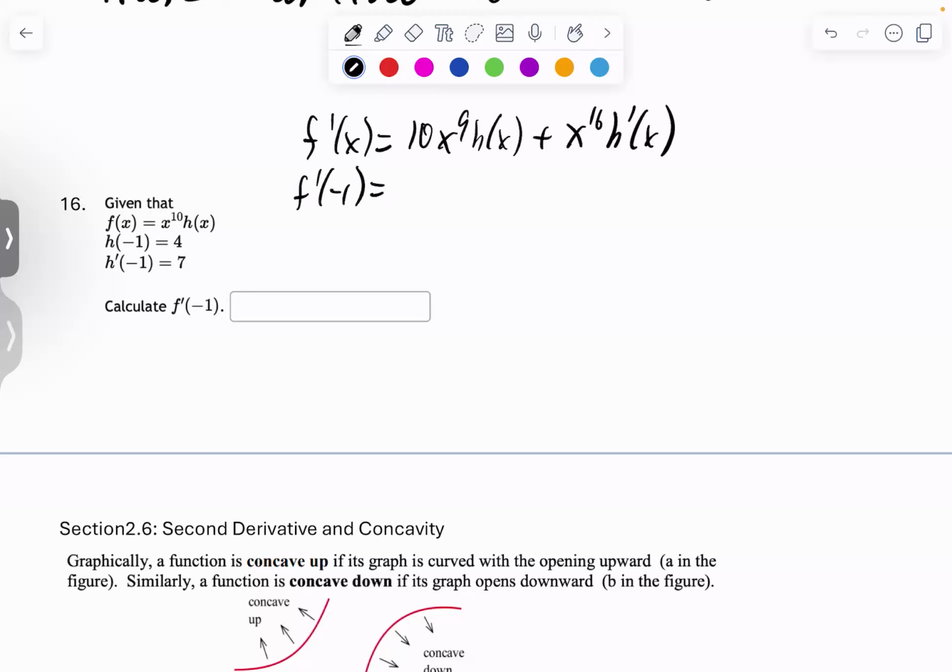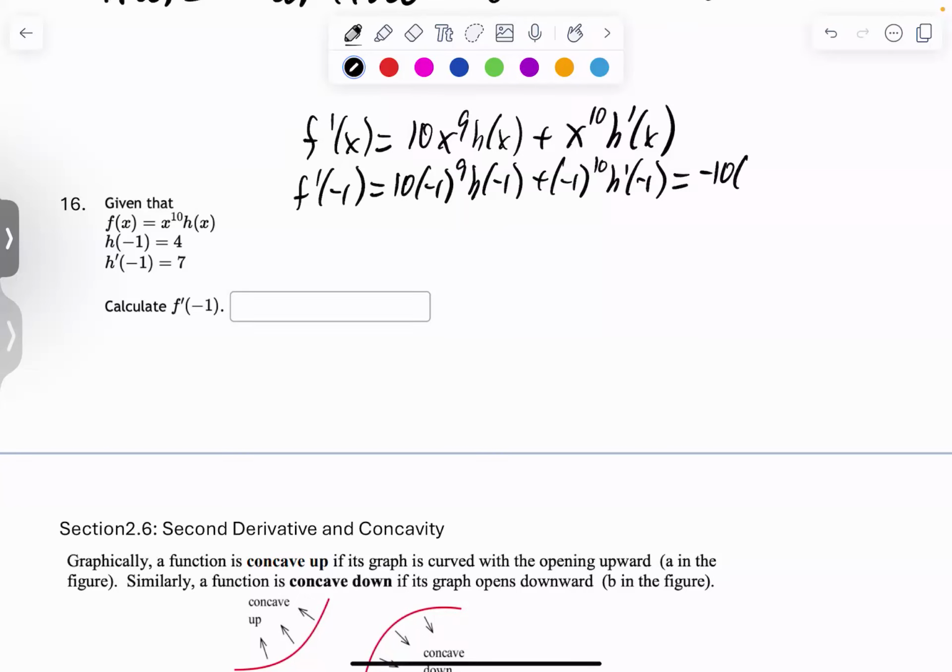This is going to give me 10 times negative 1 to the 9th power times h of negative 1, plus negative 1 to the 10th power times h prime of negative 1. That should be 10, not 16. And let's see, negative 1 to the 9th power is negative 1, times 10 is negative 10.